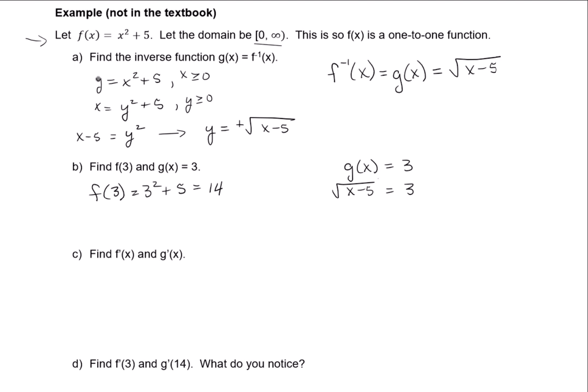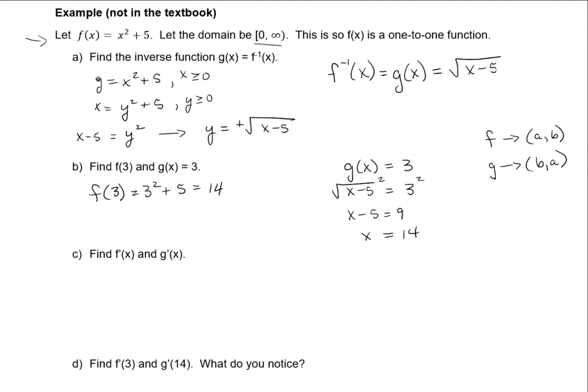We're going to square both sides. To do that, we get x minus 5 equals 9, and x equals 14. Okay, so you can see that for the f function, the point (a, b) on the graph means that g, which is the inverse function, tells you that the point (b, a) is going to be on the graph.